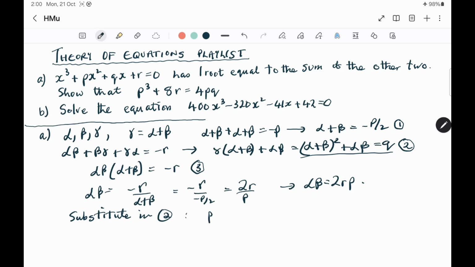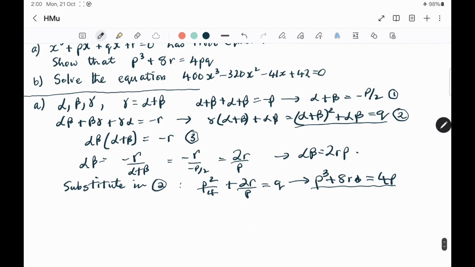We'll get p squared over 4 plus 2r over p equals q, which means that p cubed plus 8r equals 4pq, which is what we set out to prove. Let's look now at part B. Now, we've got to solve that equation up there.